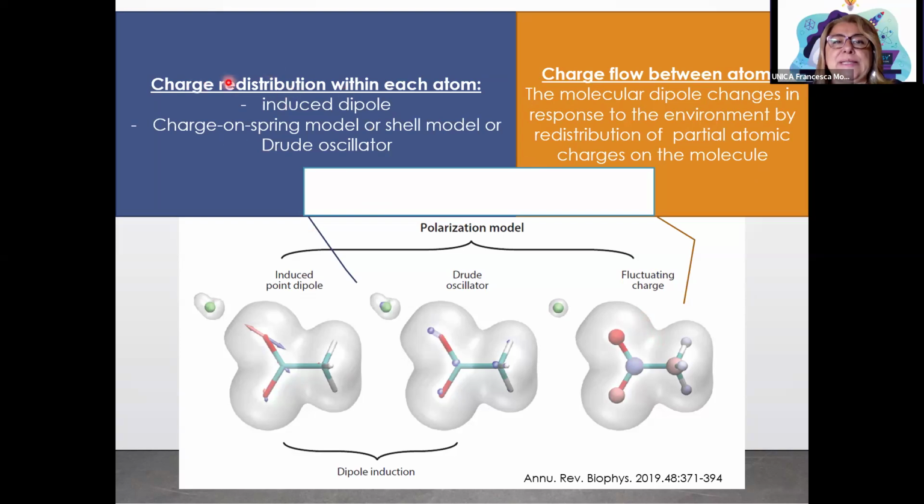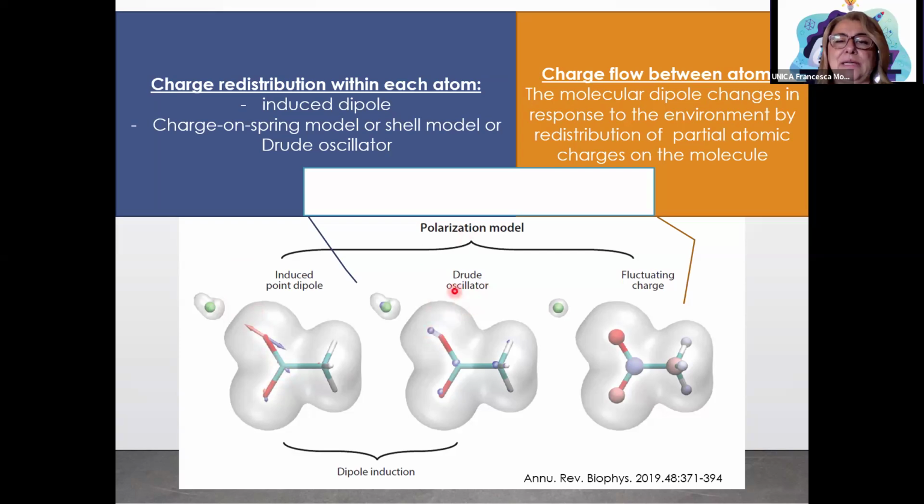The charge redistribution within each atom methods are divided into at least two classes. In one class, we have an induced dipole or multi-point dipole on each atom.